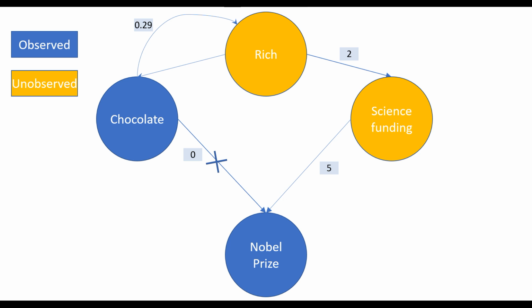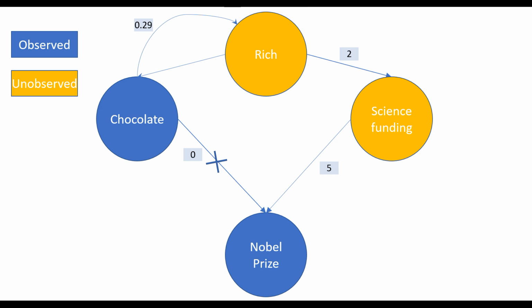So there are two ways how you can get from chocolate consumption to winning Nobel Prizes, which is one, you eat more chocolate, you immediately get more Nobel Prizes, or in a regression setting, you eat more chocolate, so you're more likely to be a rich country, you have higher science funding, and thus you get more Nobel Prizes.